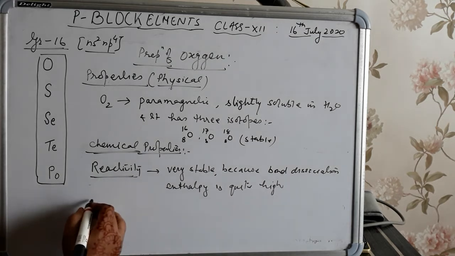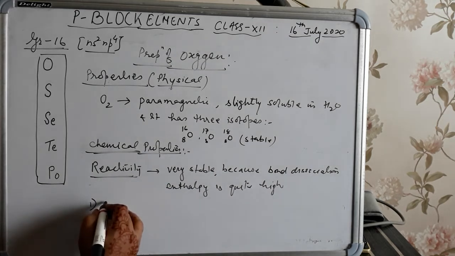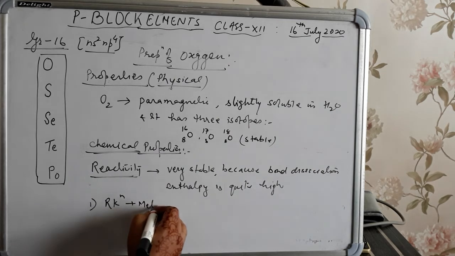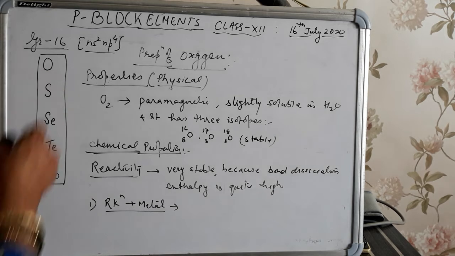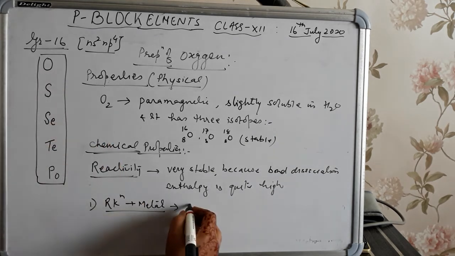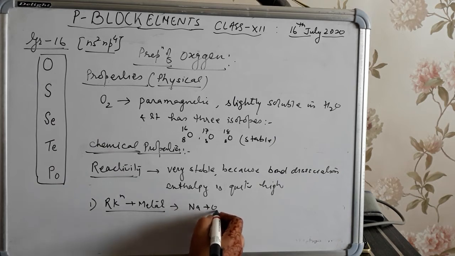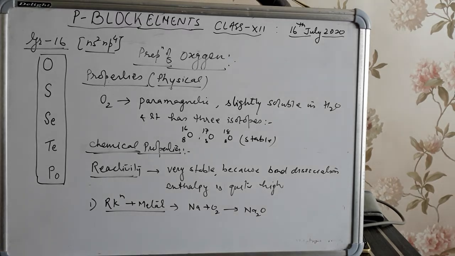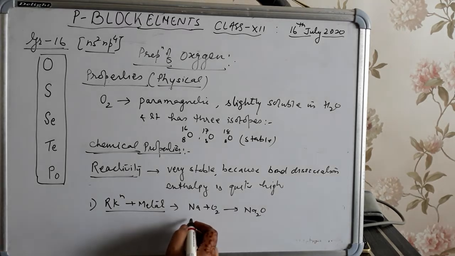The first characteristic we will discuss is the reactivity of oxygen with metal. What happens when dioxygen reacts with metal? As we studied in the general properties of group 16, when oxygen reacts with metal, it forms oxides, in which oxygen has the -2 oxidation state.